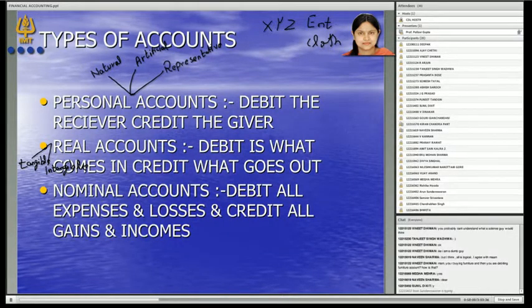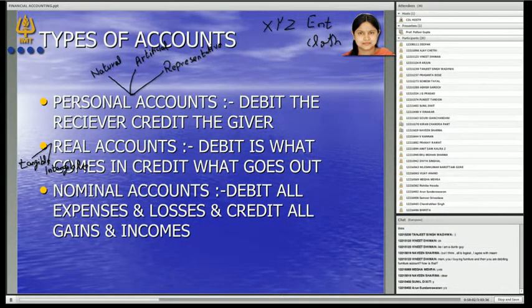Let's come to the sixth entry. He sold goods to Arvind, rupees 4,000. Now you have sold goods. Arvind, the party name, is given. If the party name is given, it means it is a credit sale.